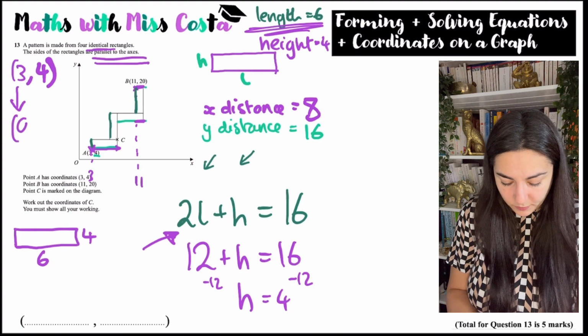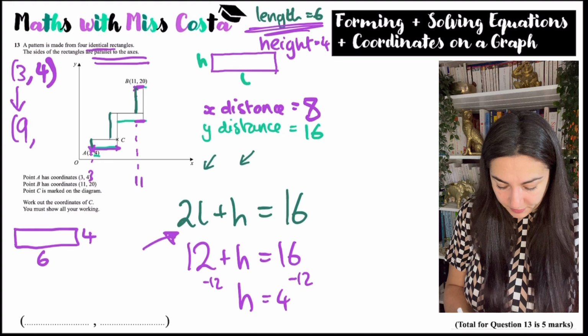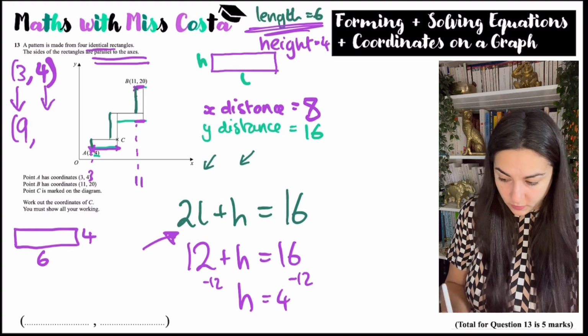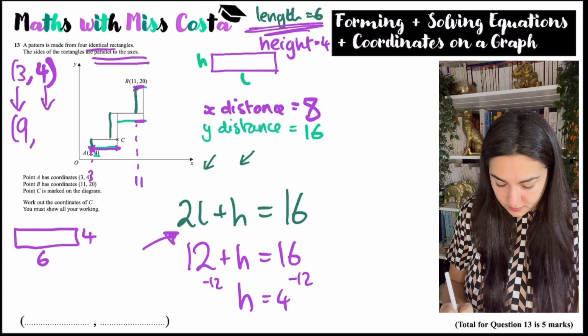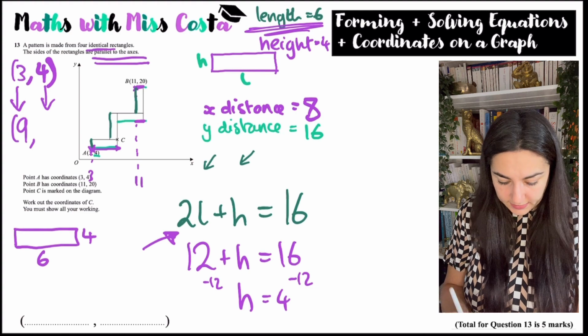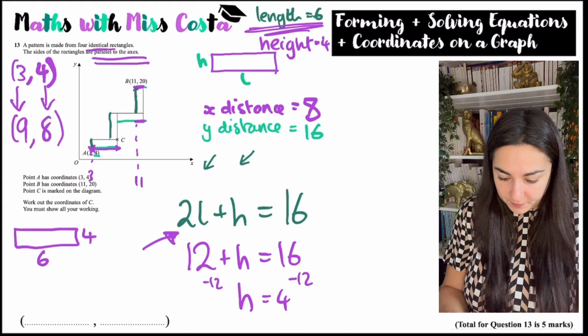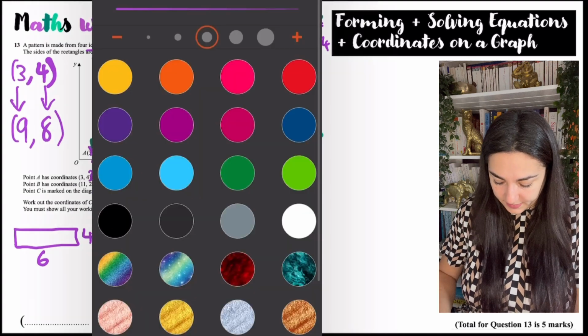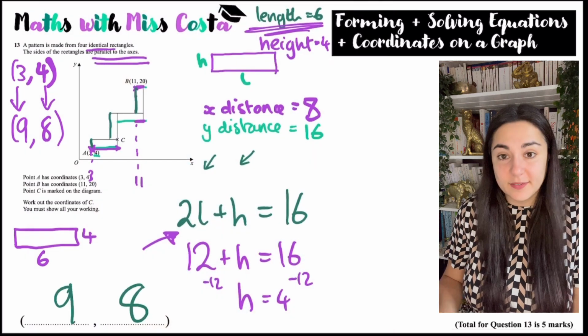Okay, so that coordinate will be 9. And then I know that the height is 4, so I'm going up 4. So 4 plus 4 is 8. Okay, so my coordinates are going to be 9, 8.